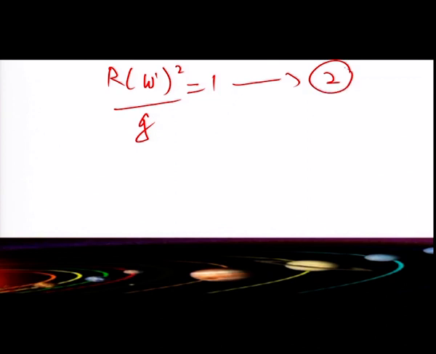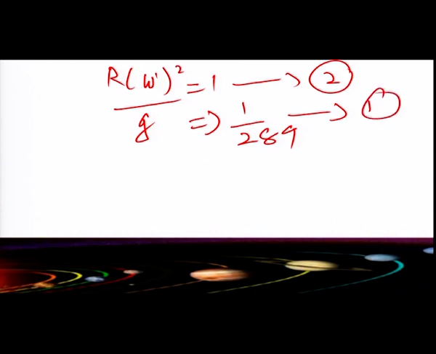Therefore, in order that the weight of a body at the equator may be 0, the value of g dash should be 0, and if the new angular speed of the earth is omega dash, then I can write r into omega dash the whole squared divided by g is equal to 1. Keep this as the second equation, and the first equation we got the result as 1 divided by 289.